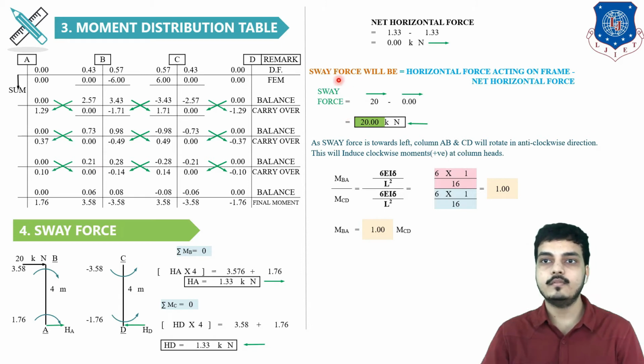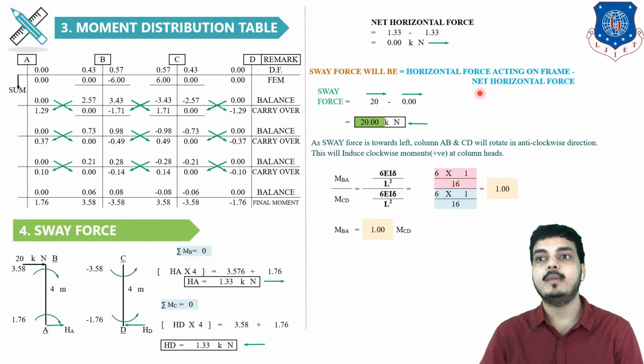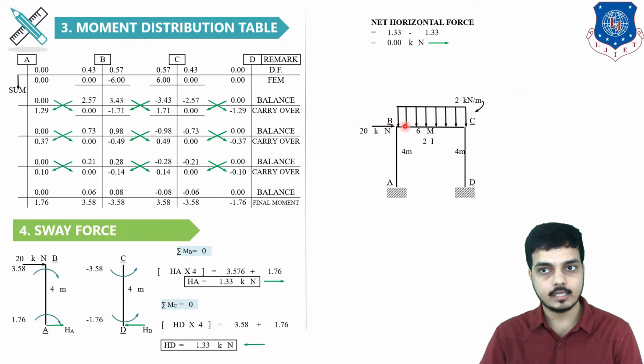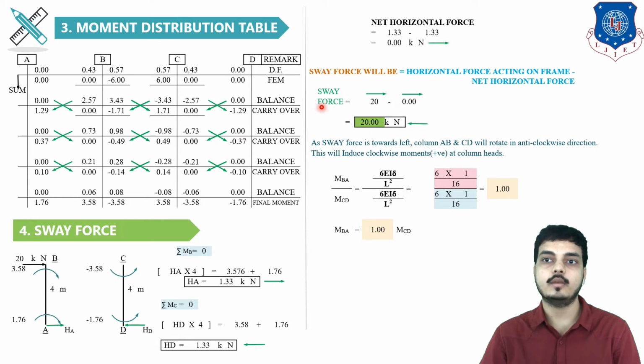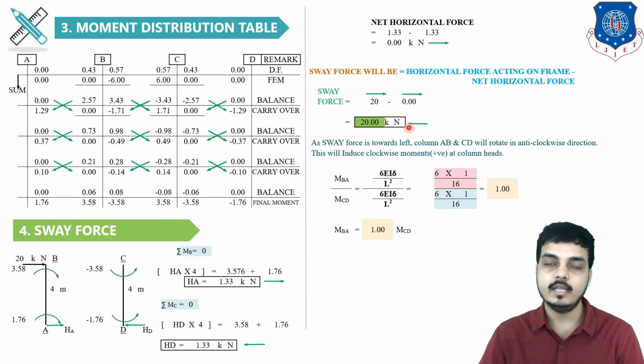So our next step: sway force is the horizontal force acting on the frame minus the net horizontal force. It was 20 kilonewton acting on the entire frame, and our reaction was 0. So 20 minus 0, ultimately 20 is my sway force. So it will be in the negative, opposite direction.